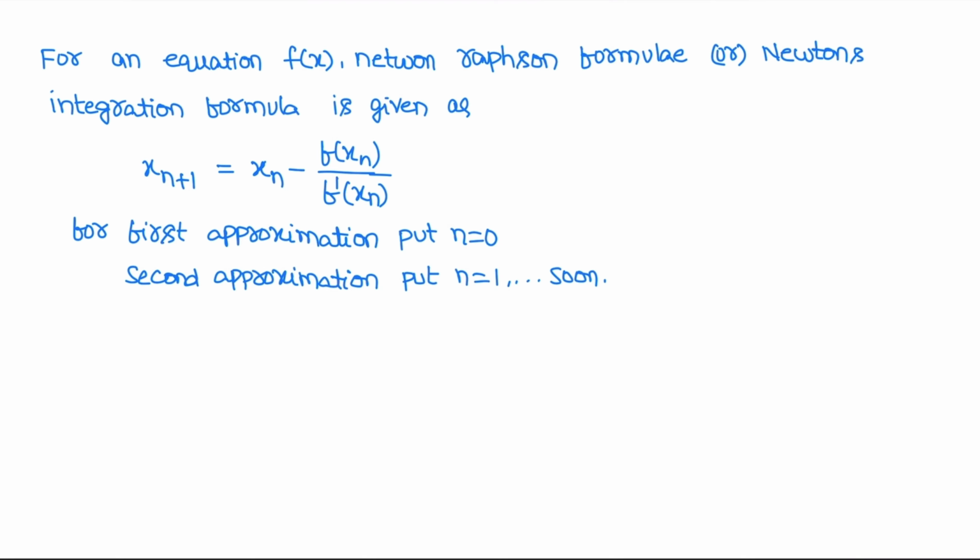The Newton-Raphson formula is given as x power n plus 1 is equal to x power n minus f of x by f dash of x at x n. For the first approximation, n is equal to 0, x1 is equal to x naught minus f of x naught by f dash of x naught.